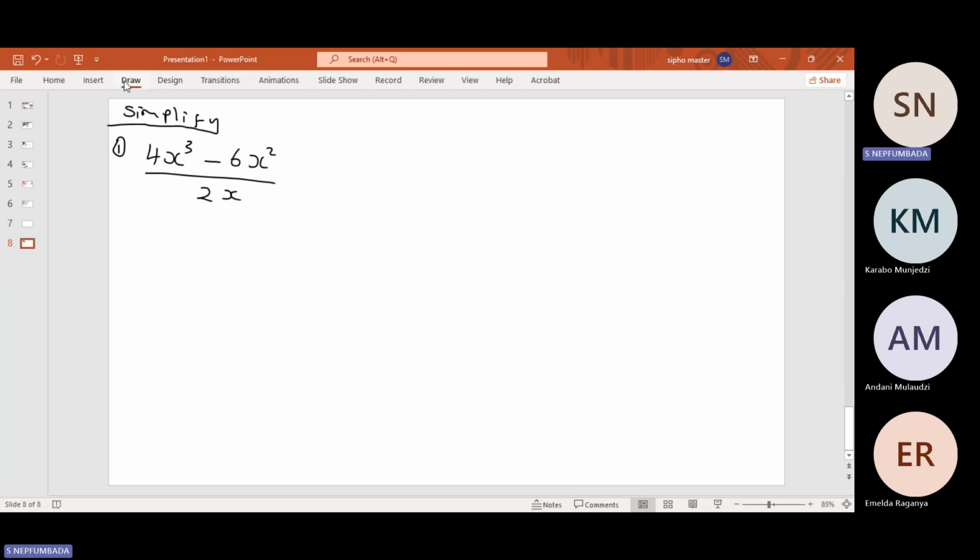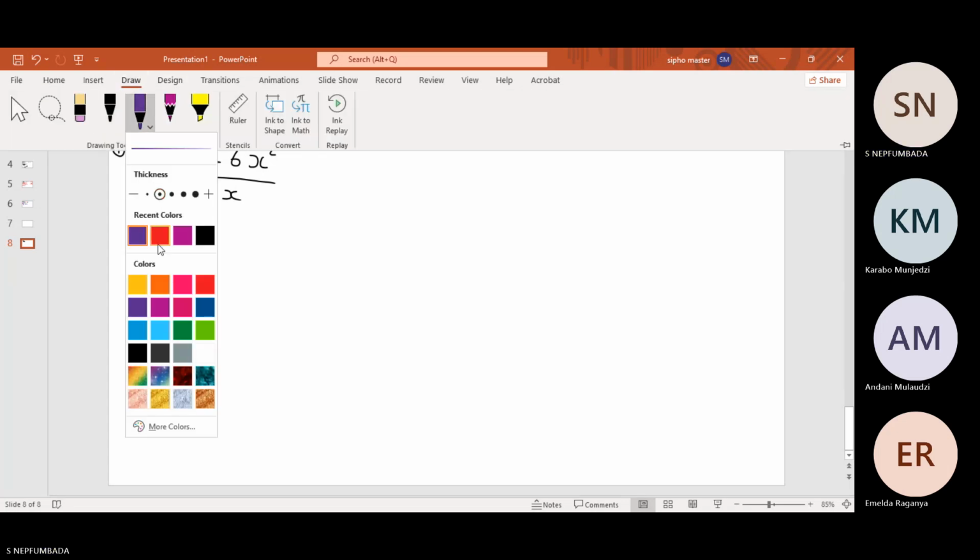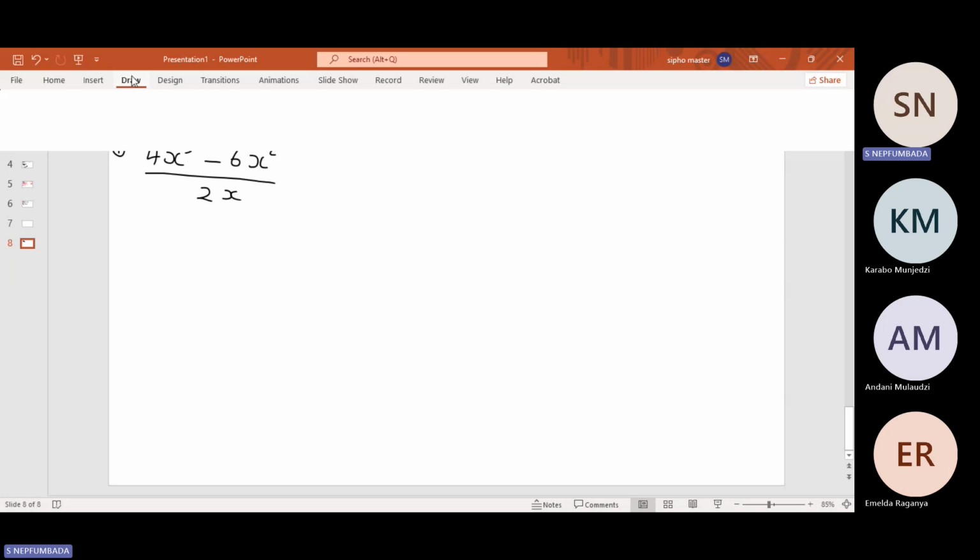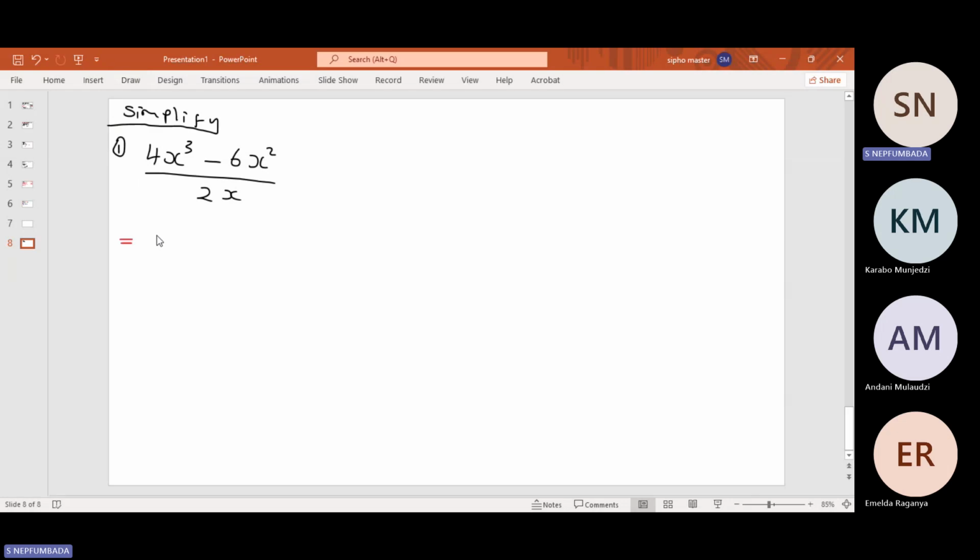How can we simplify this? We're going to take out the common factor on the numerator. What is our common factor? It's nothing but 2x squared. Are we fine? This is what the common factor does: it's a divider.